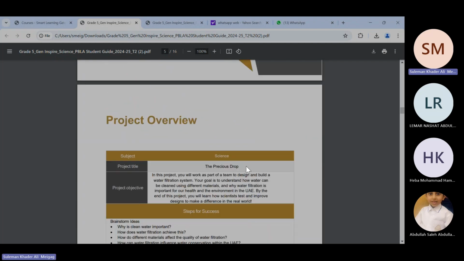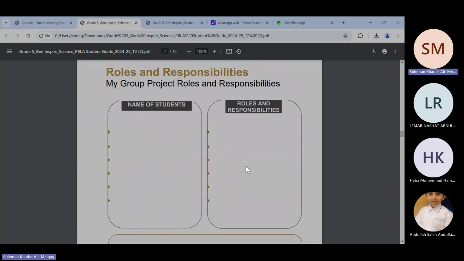Okay, so number 1, we will start with a group. You see here, you will make groups, 5 students in one group. Okay, and each one will have something to do.